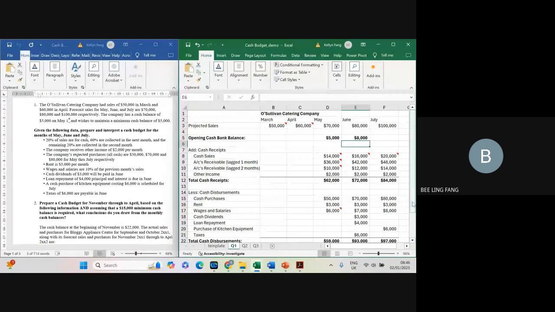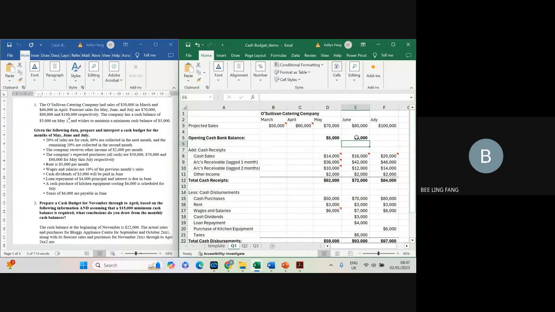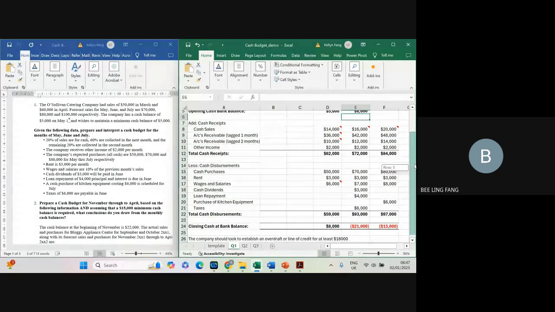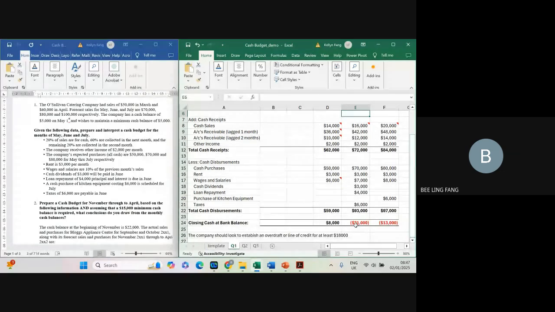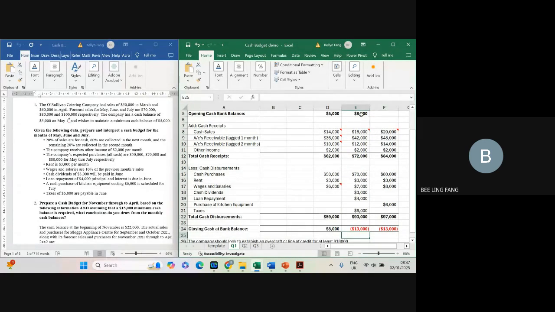Okay, so from here, remain, carry forward to the next month, right? So from here, negative 21,000. Okay, sorry, this one I have to add the opening one. So opening cash plus the cash received minus.